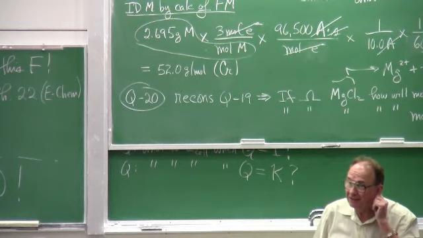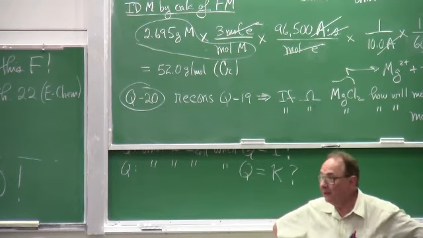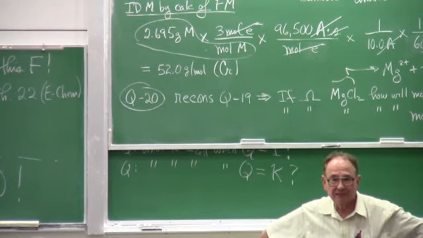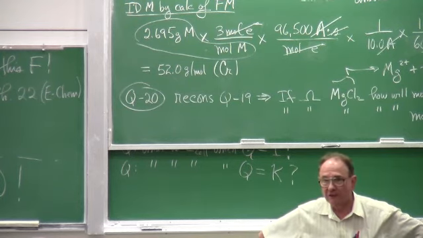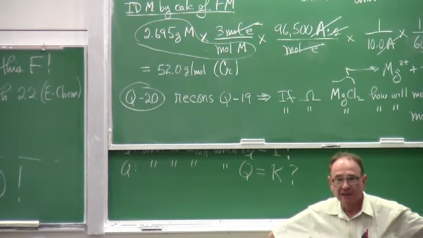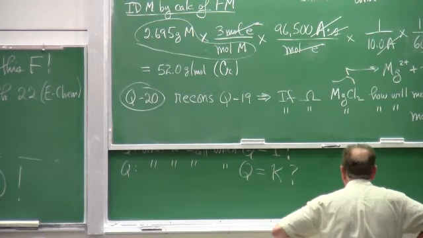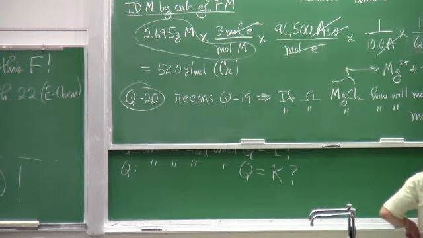Formula mass of magnesium. Anybody know the formula mass of magnesium? You can look it up in the notes. You've got the periodic table in there. It's 24.3 grams per mole. We'll write that down.